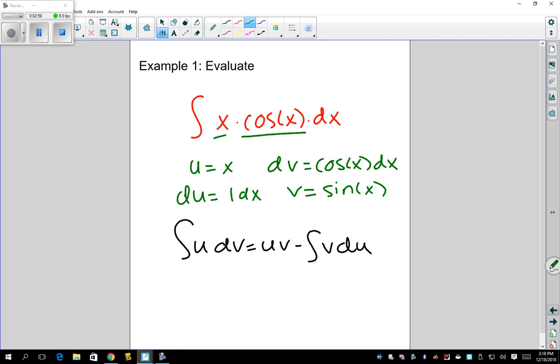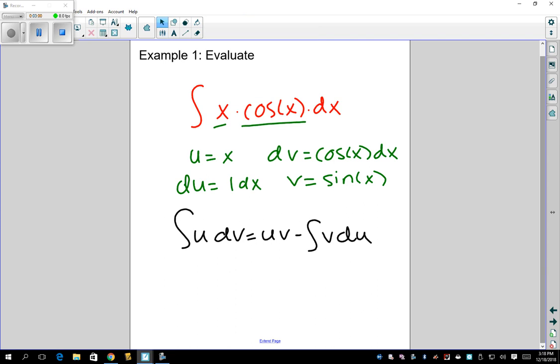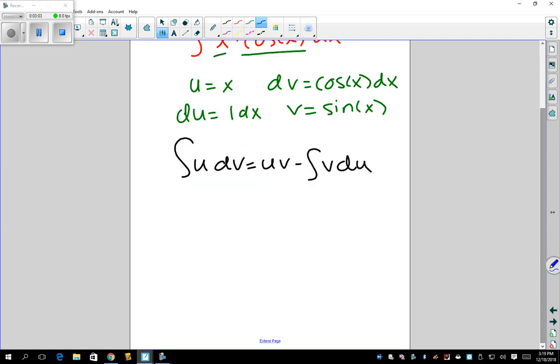So now that I have all of these terms, I can plug them into my handy-dandy formula. So I want to take my u, which is x, times v, sine x, minus the integral of sine x times du, which is just 1 dx.